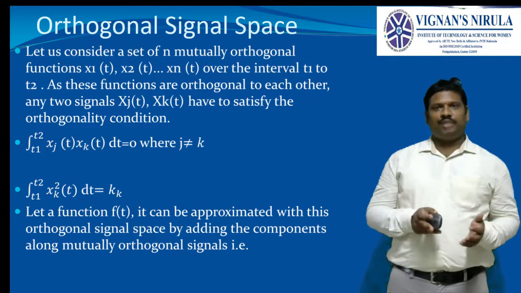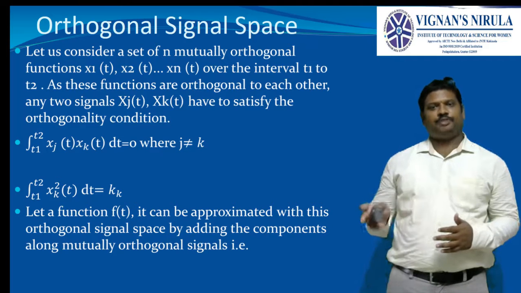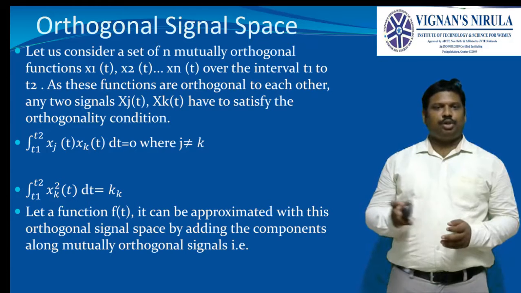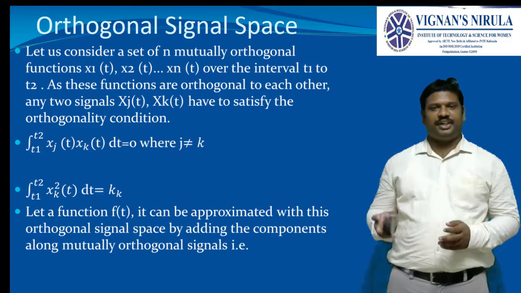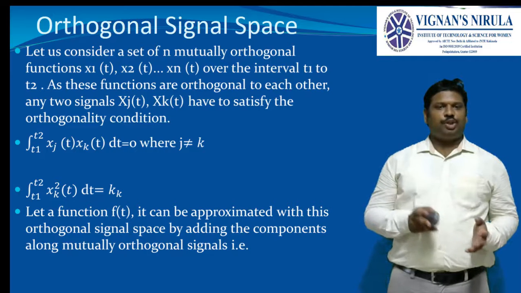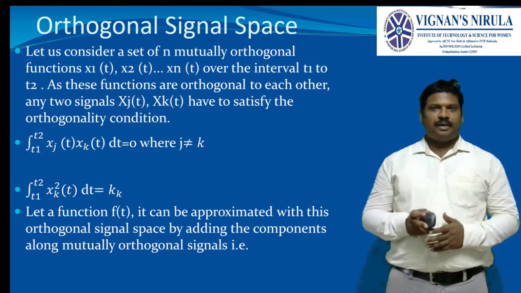Now, in these orthogonal functions, consider two functions xj of t and xk of t to satisfy the orthogonality condition. That is, integral of t1 to t2, xj of t, xk of t dt is equal to 0 for j not equal to k, and integral of t1 to t2, xk square of t dt is equal to kk, a particular constant.